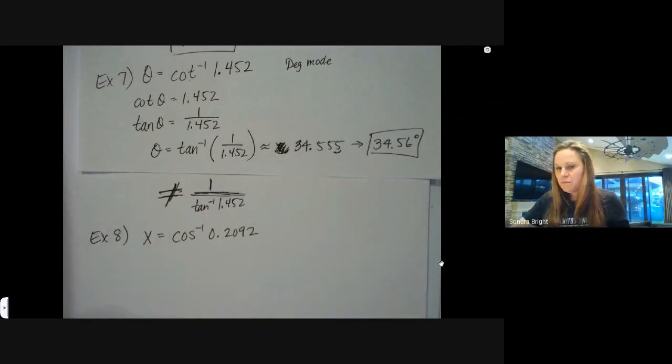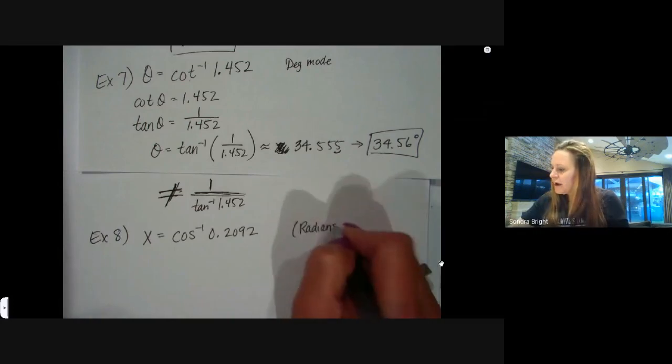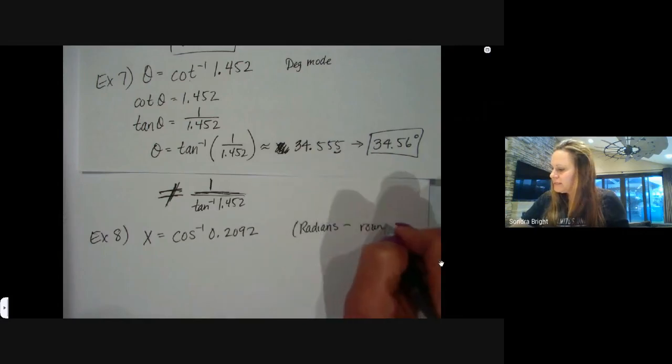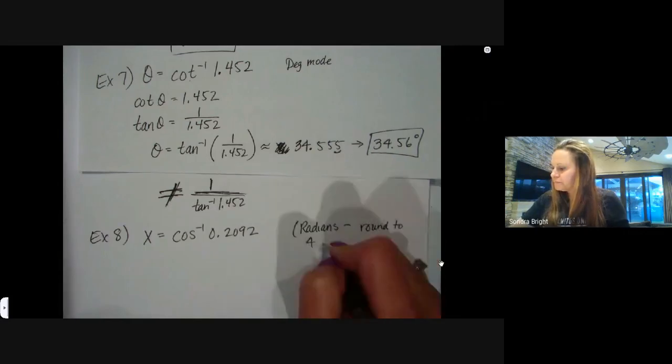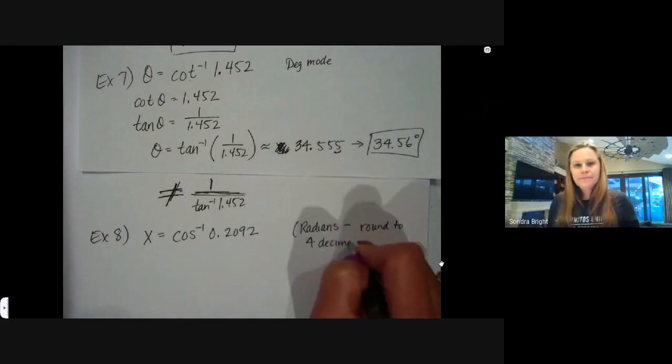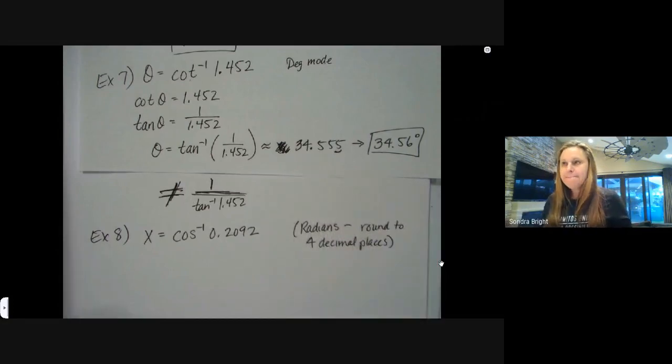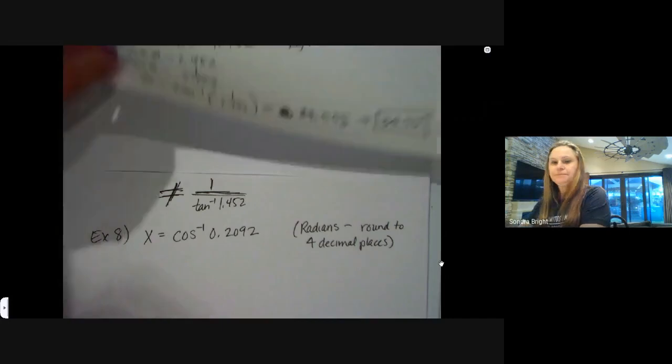So you need to be in radian mode. It's radians. And for radians, they'll tell you to round to 4 decimal places.